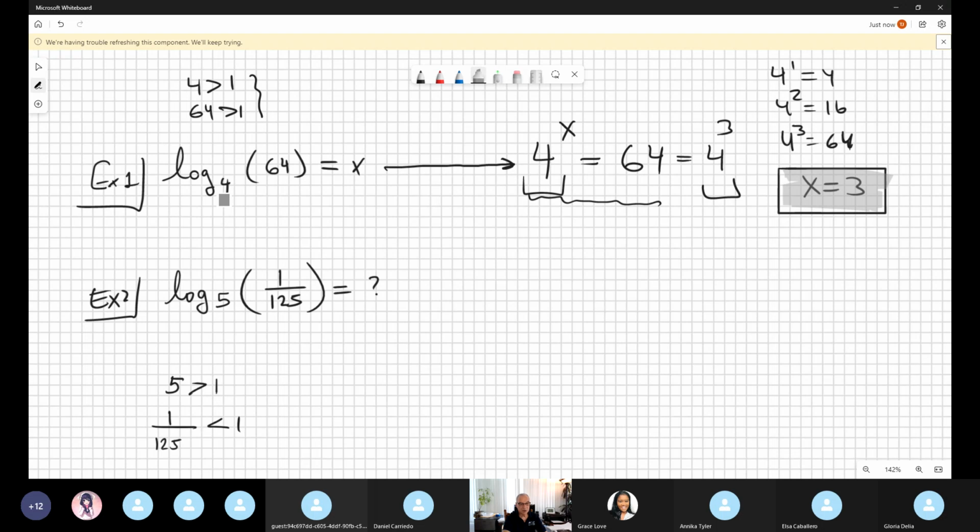However, when you see a contradiction, the base is a number greater than 1, and the number inside the argument is less than 1, it's because at one moment I need to flip it, yes or no? To flip it, we need negative exponent, right? Do you understand this idea?